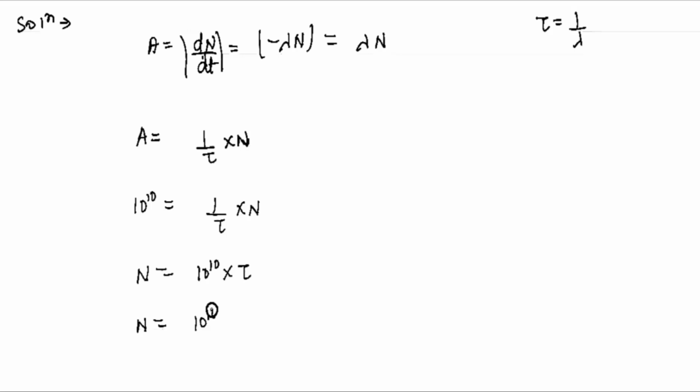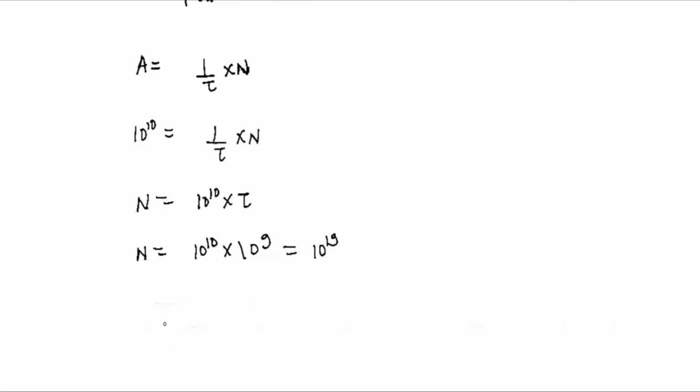So 10 raised to the power 10 into 10 raised to the power 9, which means N is equal to 10 raised to the power 19. So we have to find the mass. So mass m will be equal to 10 raised to the power 19 into 10 raised to the power minus 25, which will be in kg. So it is equal to 10 raised to the power minus 6 kg.